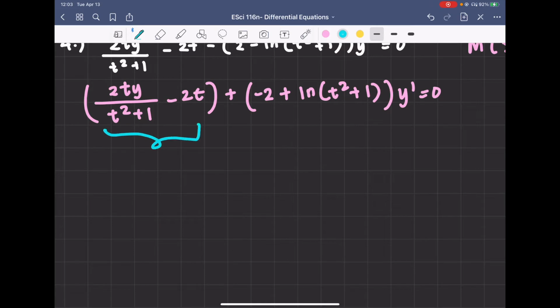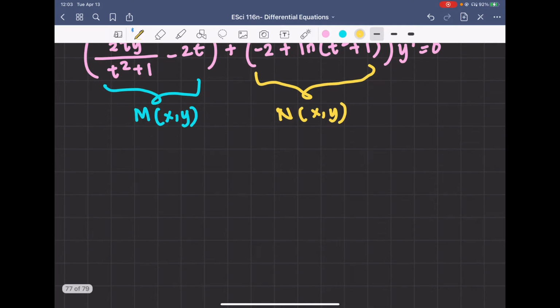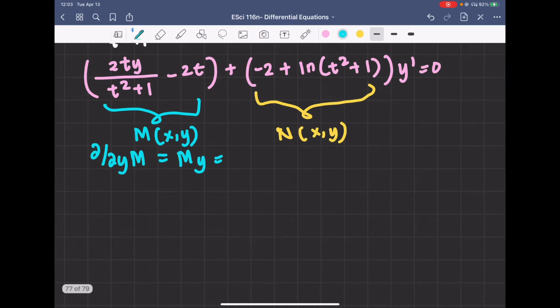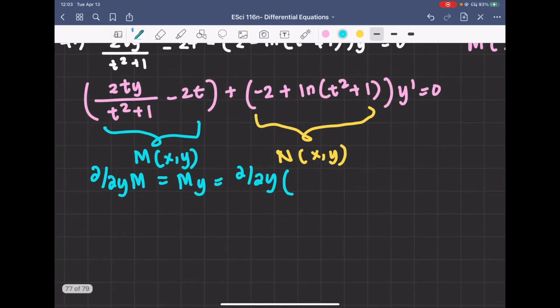Now this term here is our M, and this term here is our N. Again, we have to check if they are equal. So the partial derivative of our M with respect to y, or M sub y, is equal to the partial derivative of 2ty over t squared plus 1 minus 2t.